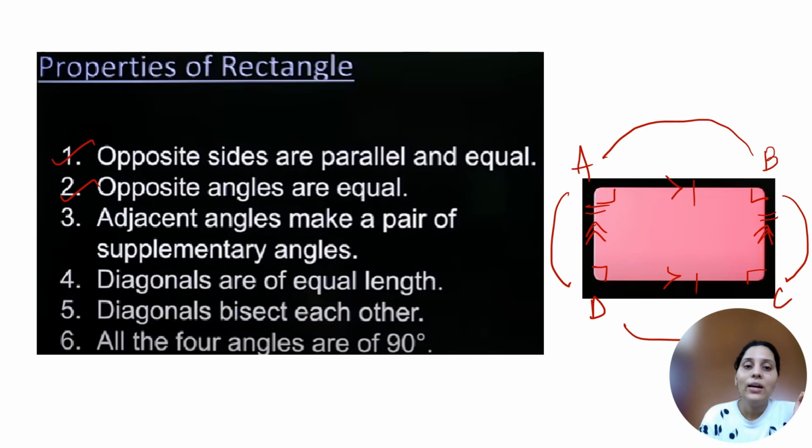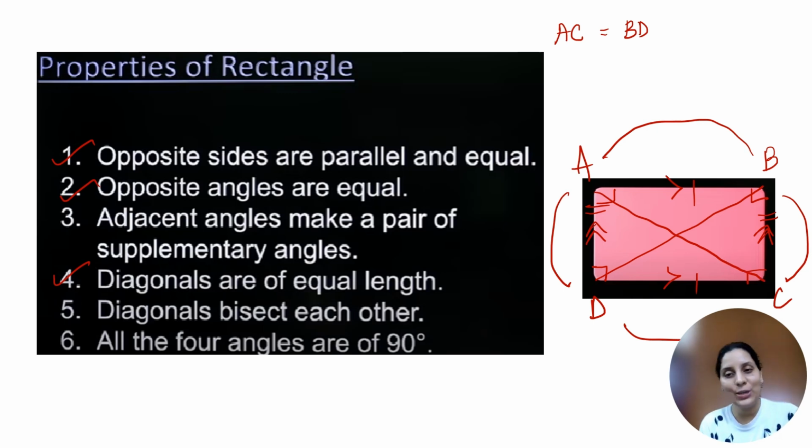Now, diagonals are of equal length. Very important. So AC is one diagonal and BD is another diagonal. They both are of equal length.